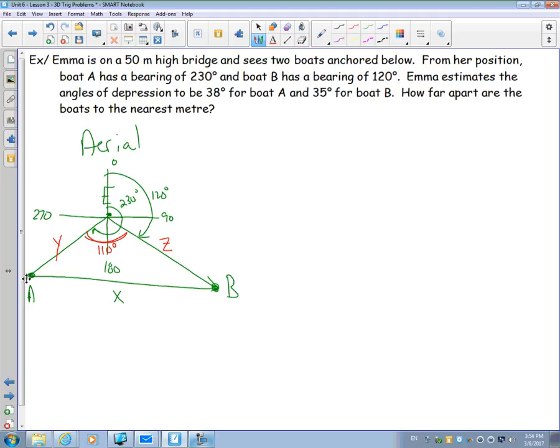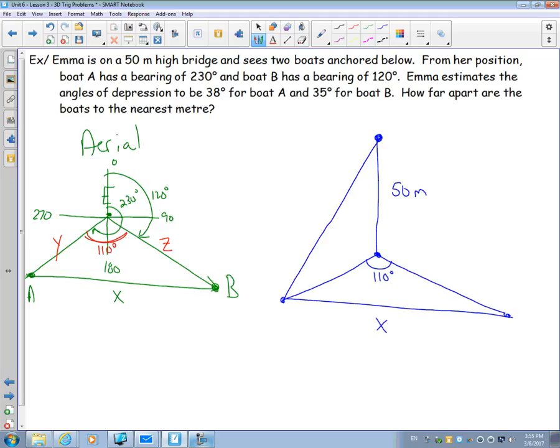So here's where the 3D part comes in. Emma is standing on top of a bridge. The bridge is 50 meters high. Okay, so if we think of this bottom as being the water, we've got one boat over here, and we've got another boat over here in the water, and they are x apart. We know the angle between them is 110 degrees. We also know when Emma's standing on top of the bridge looking down at the boats, the angle of depression, so from her position way up here on top, down to the boats, creates angles of depression.